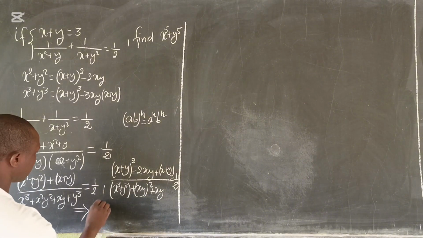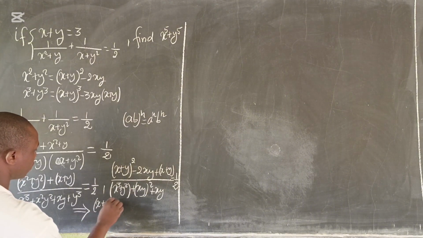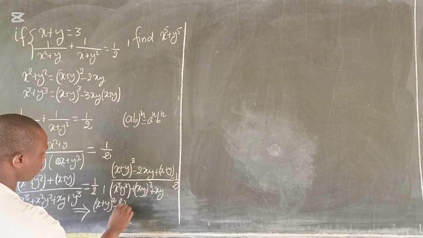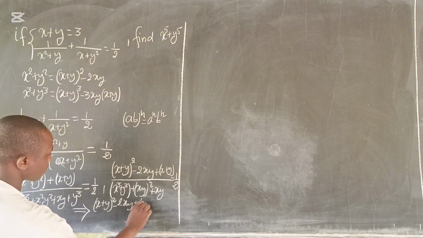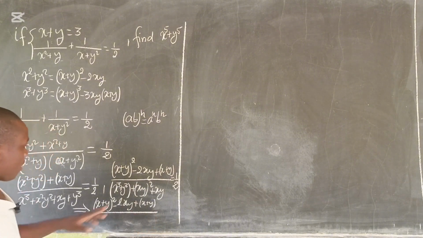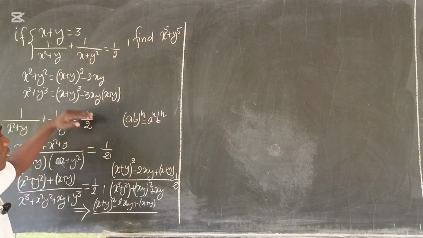We have x plus y power 2 minus 2xy plus x plus y over this will be replaced by this.